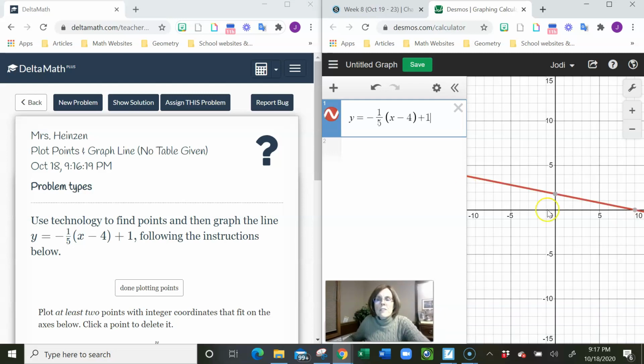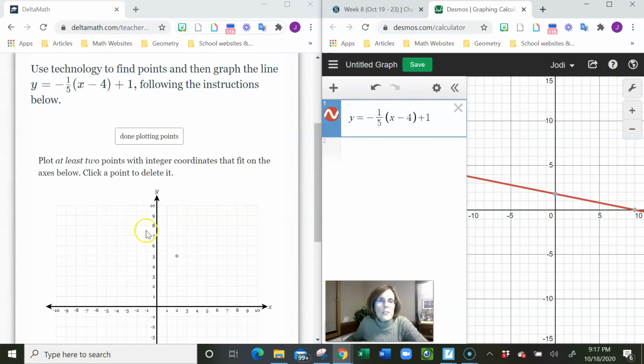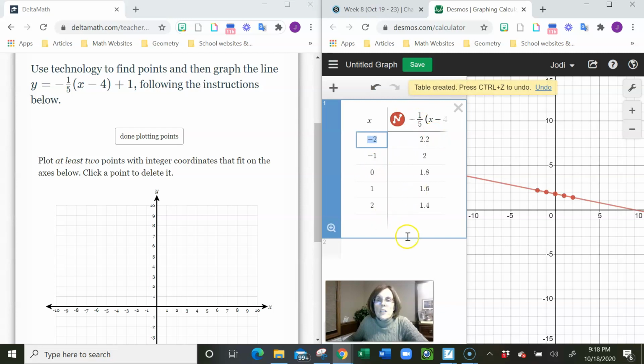Now, it'll graph it for me, but I want to be able to plot points on this graph here, on this grid. So if I type the entire equation in and then go up to this gear, I can change it to a table. So notice if I click over this, hover over this, it'll say convert to table. And then it will give me some points.